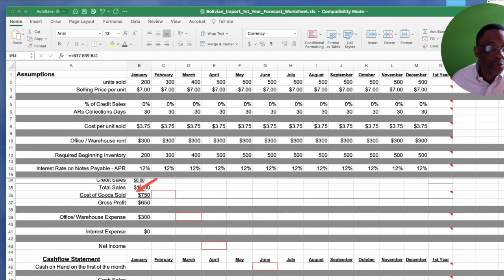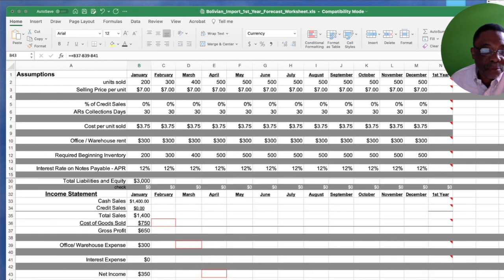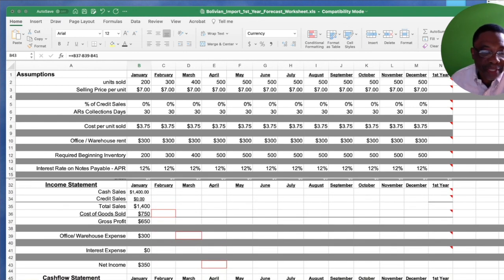We take gross profit, subtract office expense, subtract interest expense, and that leaves us with net income. So I'm going to populate that now. Our net income for January is going to be $350.